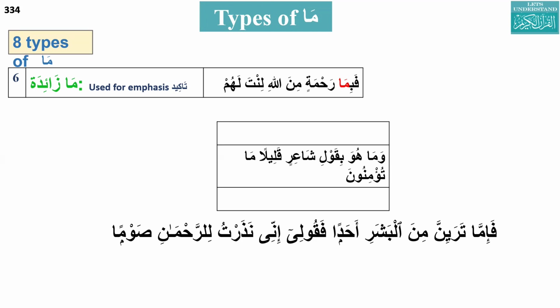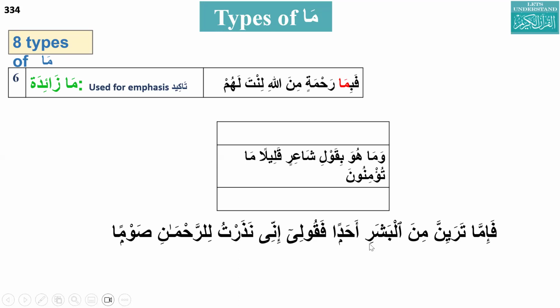So if we use it as ma zaida with tariyanna, we can translate it as: if you see any human, and that will most definitely happen. This ma is emphasizing it more.